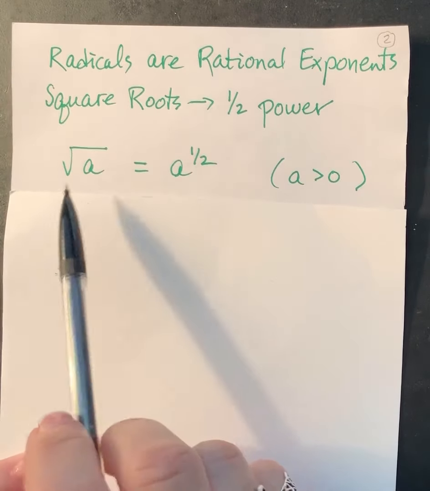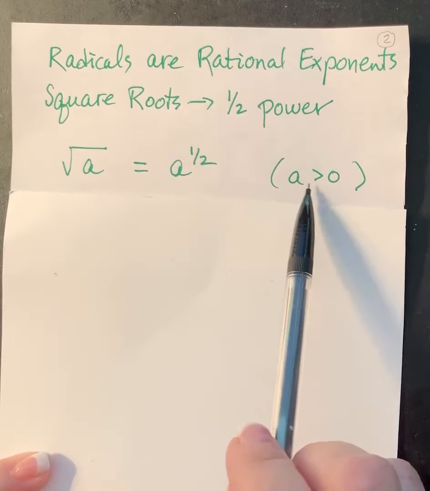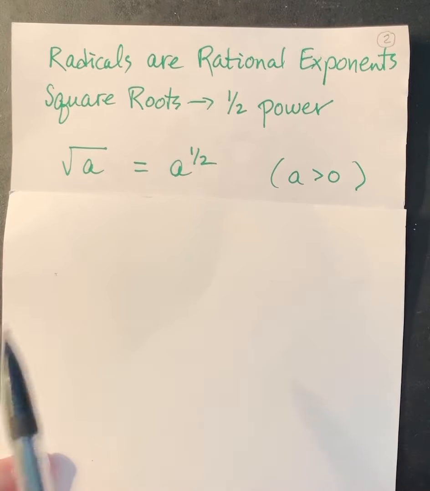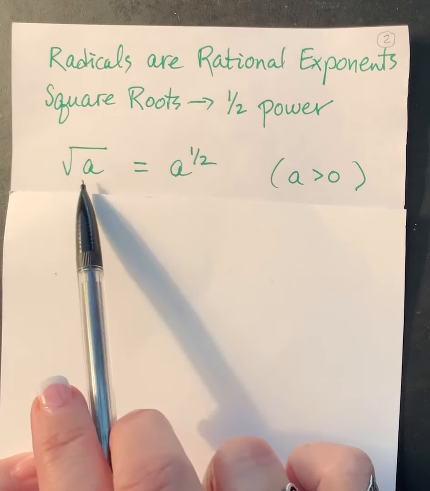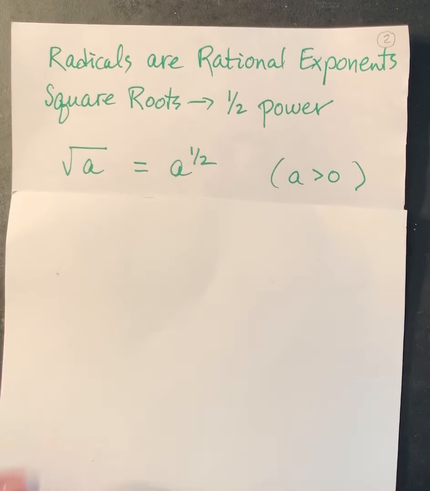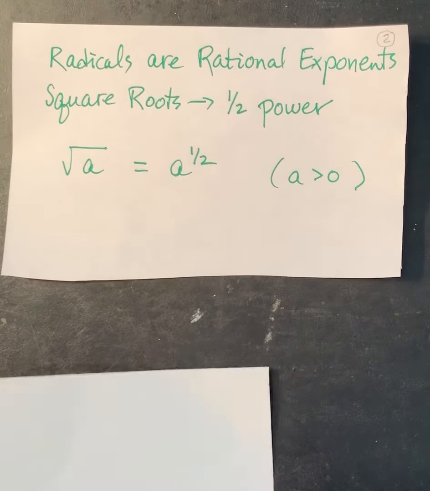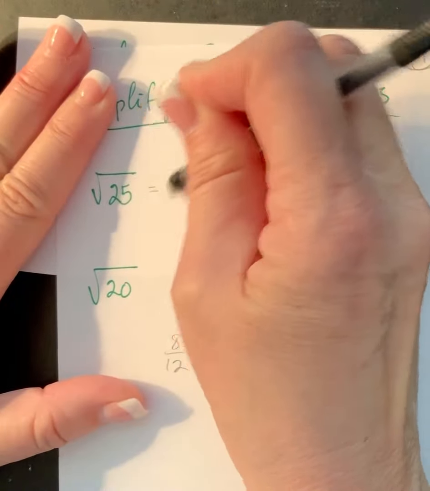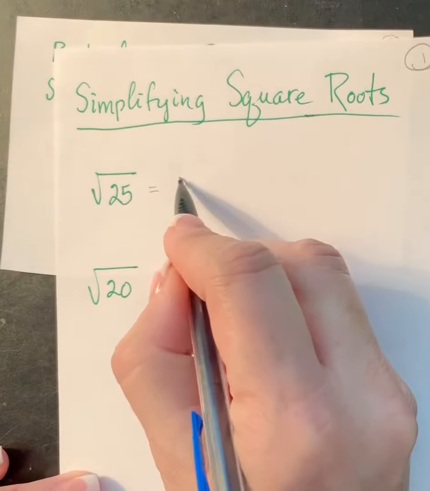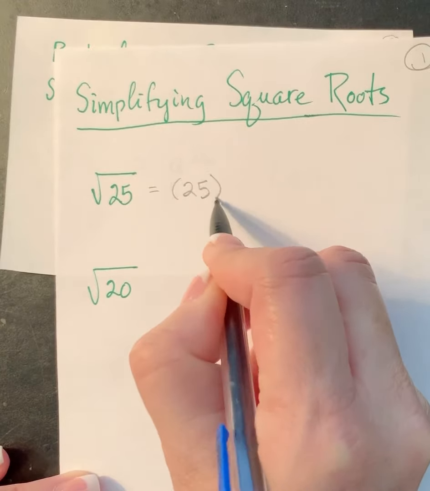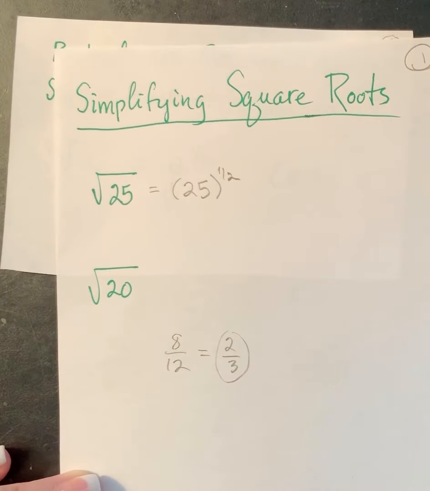So if you have the square root of a, and we are assuming that a is a positive number in all our problems that we're doing, that's the same thing as a raised to the power of 1/2. So the square root of 25 is the same thing as 25 raised to the 1/2.